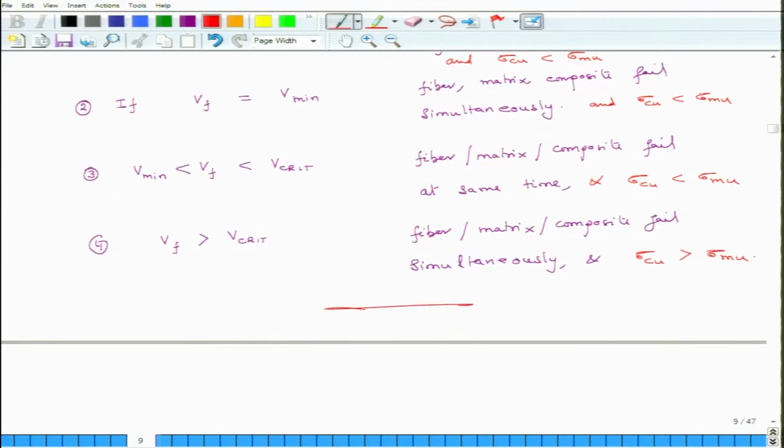So, as we design a composite laminate, especially when we are talking about unidirectional laminates, we have to make sure that the volume fraction of the fiber should always exceed the critical volume fraction, otherwise we will not get the benefits of higher strength as we would like the composite to have. Okay.